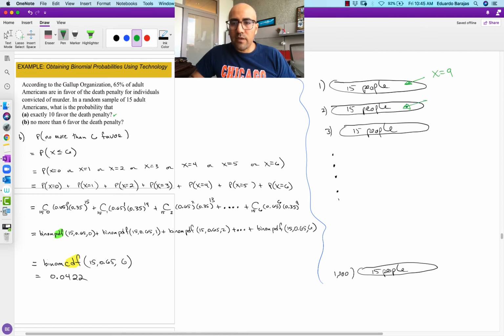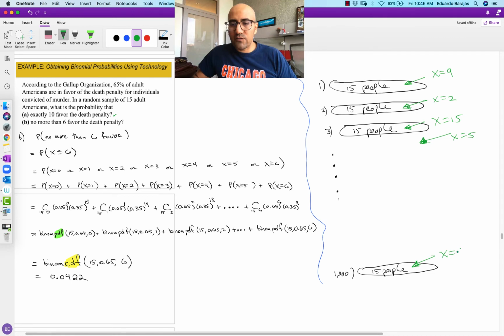We go to the next one. Maybe in the next one, only 2 people said yes. The third one, maybe all 15 favor the death penalty. Maybe in the group after that, only 5 favor the death penalty. So it varies. It's random. And if we keep going, the very last group will also have a value.